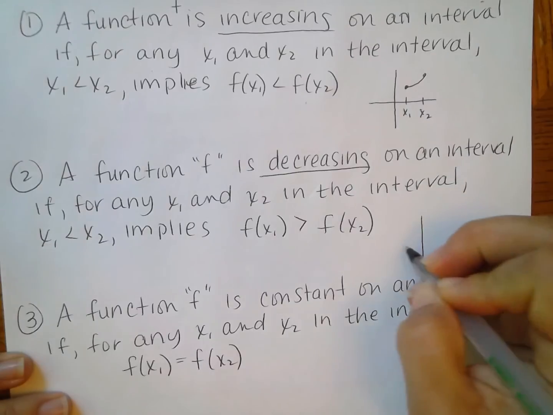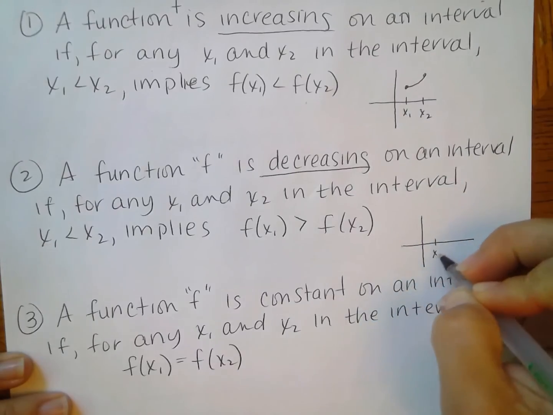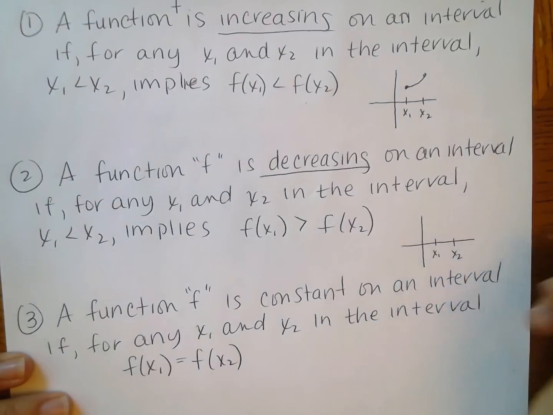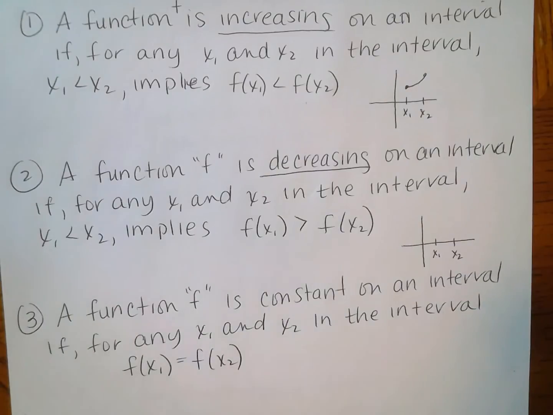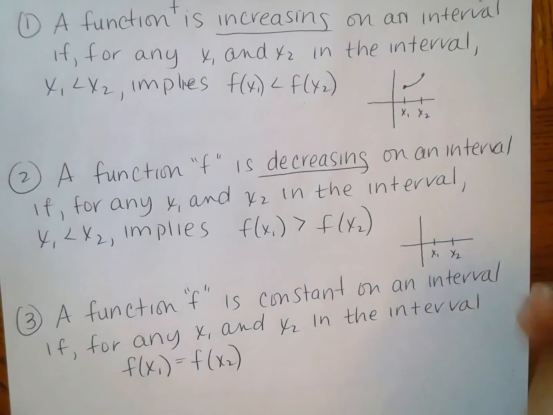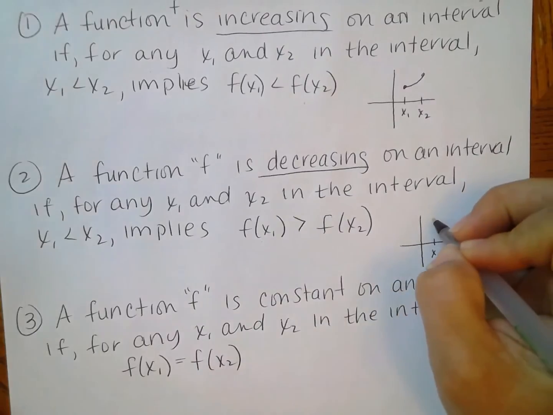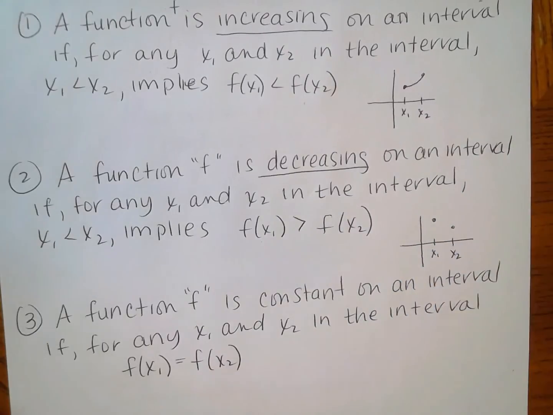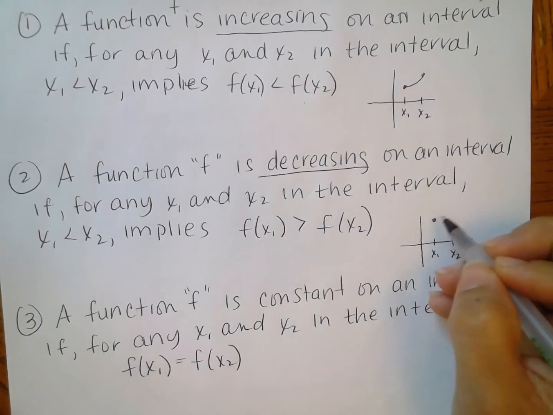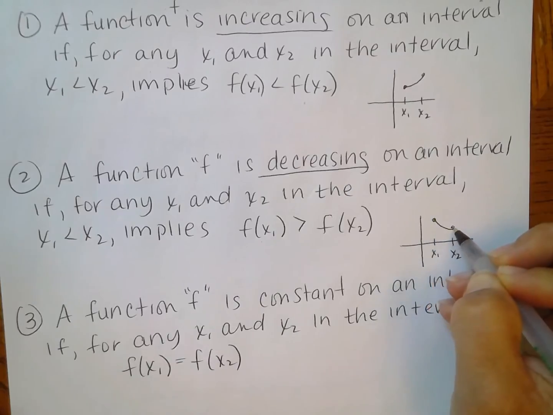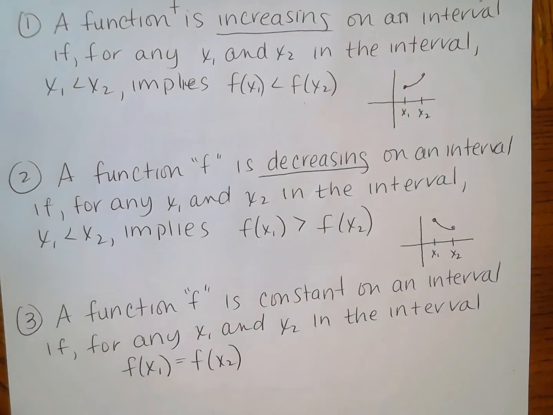Pictorially I have x1 less than x2, meaning it's just to the left on the number line, right? 1 is less than 2, it's to the left of 2. So that means this time my y value for x1 is larger than my y value for x2. So this is an example of something like that. When I connect these, I have a downward slope to my graph.